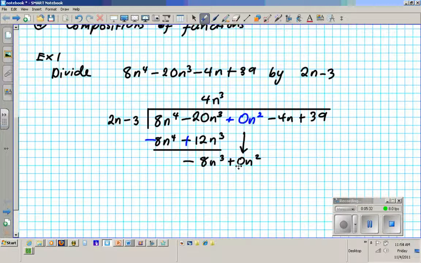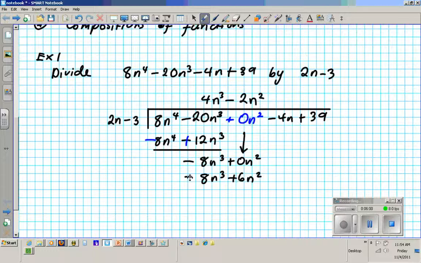Alright? Now next, we're going to ask ourselves, 2 times what gives me negative 8n to the third? 2 times negative 2n squared. Alright, we distribute that back. Negative 2 times negative 2 gives you negative 8n to the third. And then negative 2n squared times negative 3 gives you positive 6n squared. Now we're going to subtract, or add the opposites.